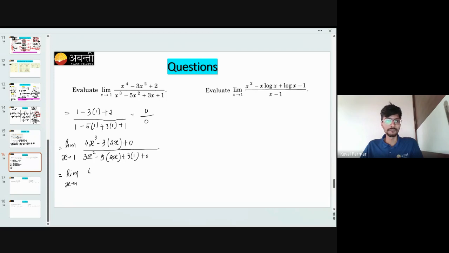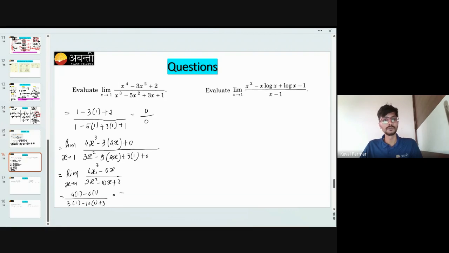We will get 4x cube minus 6x upon 3x square minus 10x plus 3. So if we use direct substitution method, that is substitute 1 in place of x, we will get 4 into 1 minus 6 into 1 upon 3 into 1 minus 10 into 1 plus 3.